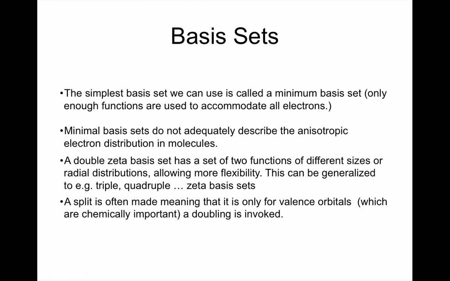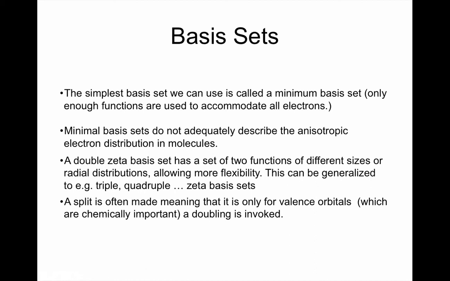So if you have, for example, a carbon atom, then this would contain a 1s function, a 2s function, and 3 p functions, giving a total of 5 orbitals that we use to accommodate the 6 electrons that we have in the carbon atom. The minimal basis set, of course, does not adequately describe the anisotropic electron distribution in molecules. It is simply too simple.